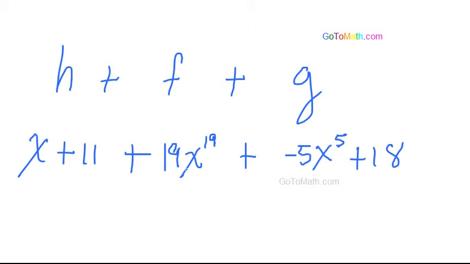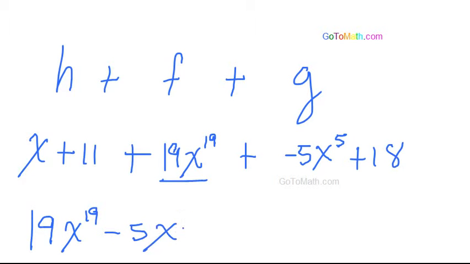Okay, so what do we got? Here's the term that's got the largest exponent, so we want to write that first because we want to put this in standard form. Then the next one is this x to the 5th, so minus 5x to the 5th.